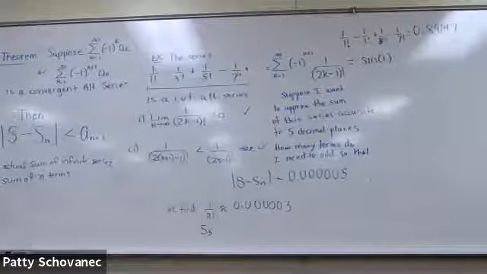If this does not converge, but this does converge, then the series is said to be conditionally convergent.